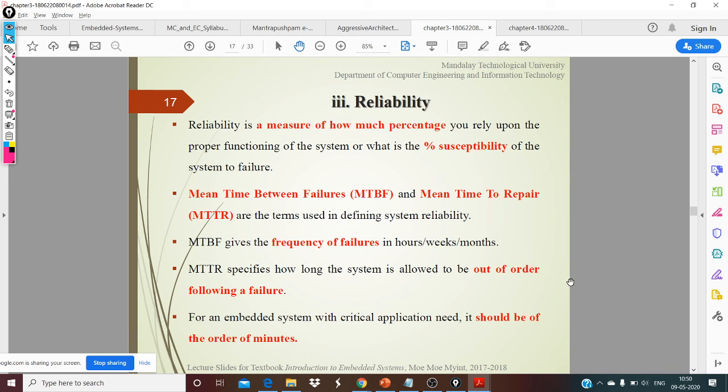So let's take your printer, for example. Now you give a print, and it says, no, cartridge ink is low, I can't print, and you just replace the cartridge. It's a brand new cartridge you put, and you say print. It says, no, ink low, I won't print.